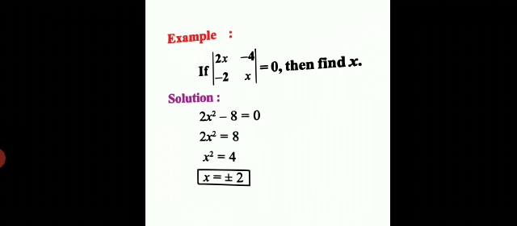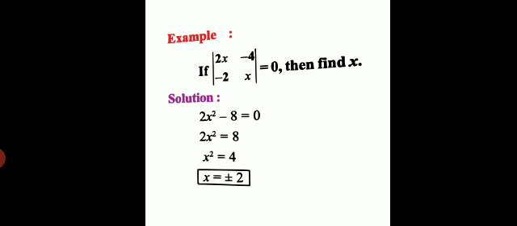One more example. If the determinant of 2x, minus 4, minus 2, x is equal to 0, then find x. Same way, it is of order 2 rows, 2 columns. Now multiply diagonally. 2x into x will be 2x square.